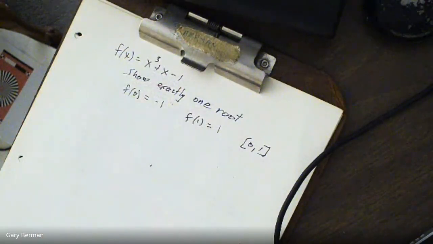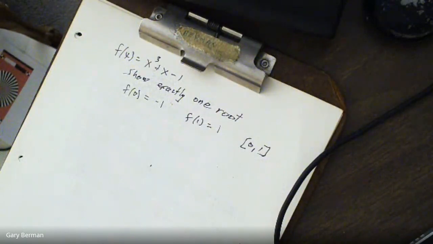In any event, it takes some guesswork. It really does. Sometimes you may need a calculator, to graph on a calculator to see where there might be an interval where the function changes from plus to minus or minus to plus. One of the things that makes this problem hard is they don't give you the interval. You have to go searching for it and hope that you come up with an interval pretty quickly.